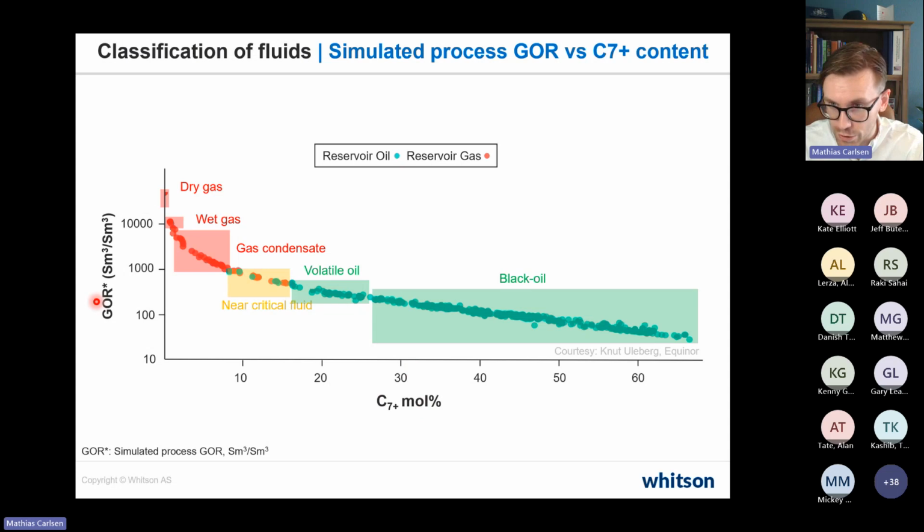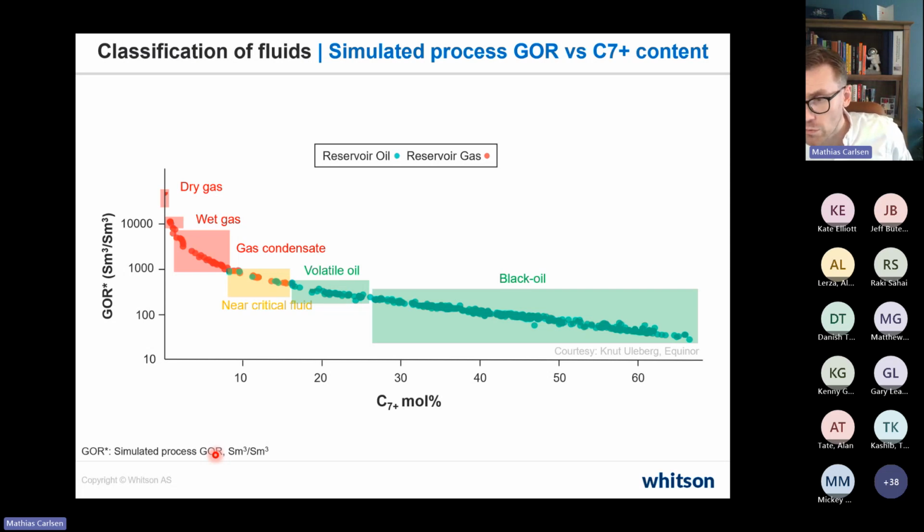The GOR does, but that's why there's a little asterisk here that says this is a simulated process GOR. So what he has done is taken all of these compositions and processed them through a fixed surface process such that the GOR on a like-for-like basis is consistent. But definitely, Adam, in your case, that is an uncertainty.